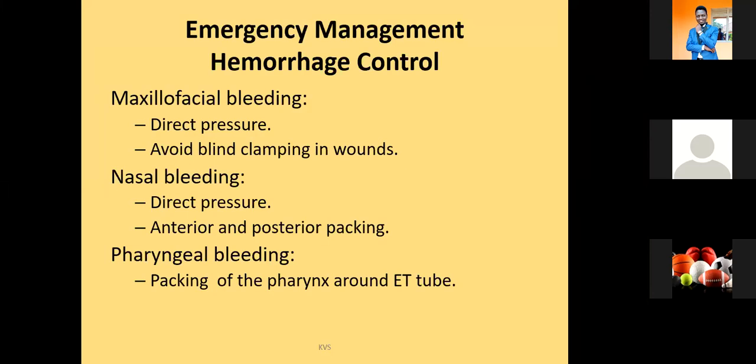Then for the nasal bleeding, direct pressure, of course, anterior and posterior packing. I'm sure you have learned this in ENT, and please, that is the key. You need to learn those skills so that you know how to prevent continuous bleeding. Then there's the pharyngeal bleeding, packing of the pharynx around the endotracheal tube can also reduce that bleeding.